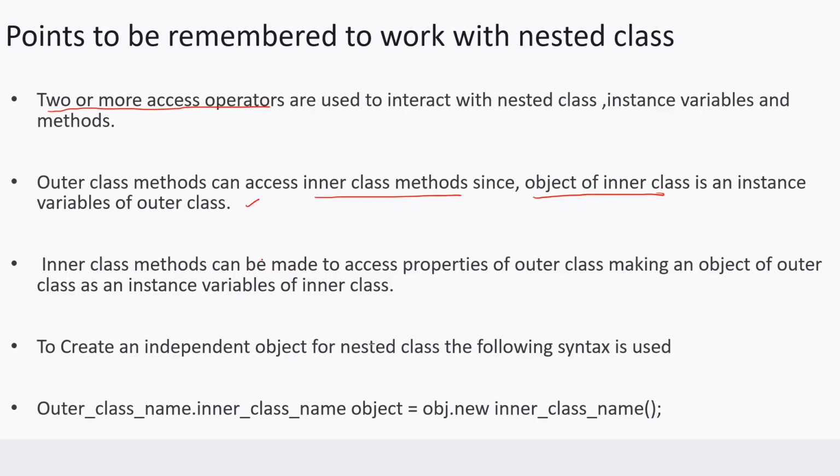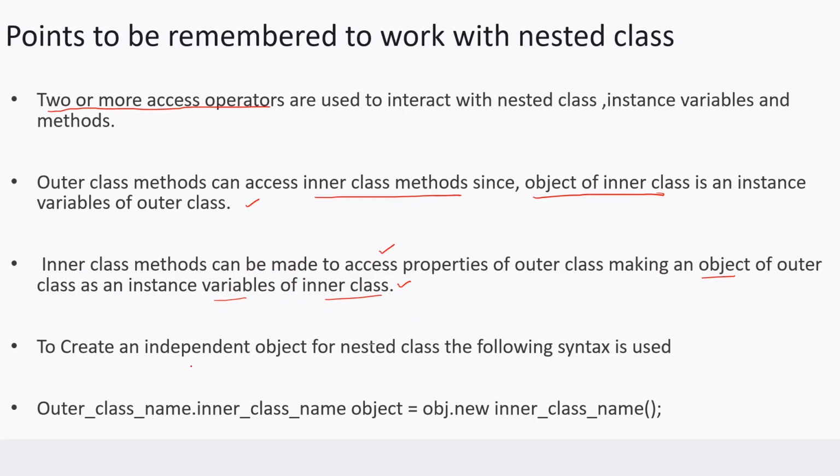Now, inner class methods can access properties of the outer class by making an object of the outer class an instance variable of the inner class. You take the outer class object and make it the instance variable of the inner class so that it acts as the inner class methods' access to properties.